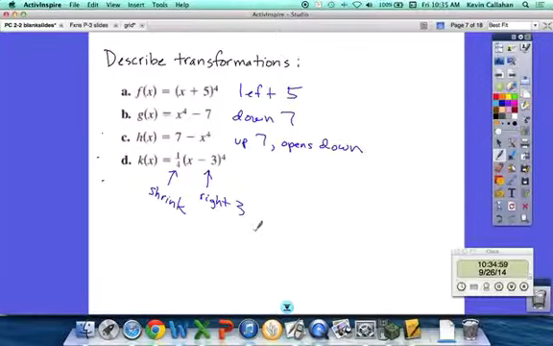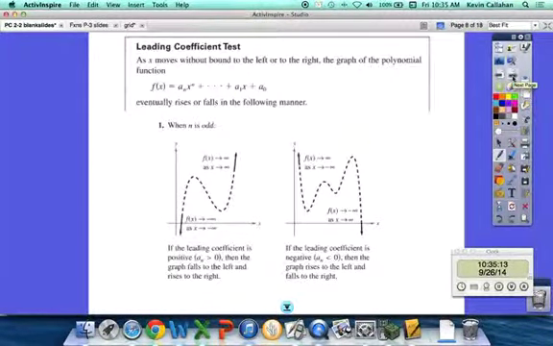So none of that's really new. Most of the rest of this section is about graphing these polynomial functions, not by doing transformations. So that's what we keep the focus on. The first objective, which I said was probably not familiar to you, is called the leading coefficient test. Right? And it's based on the definition of a polynomial function, right?